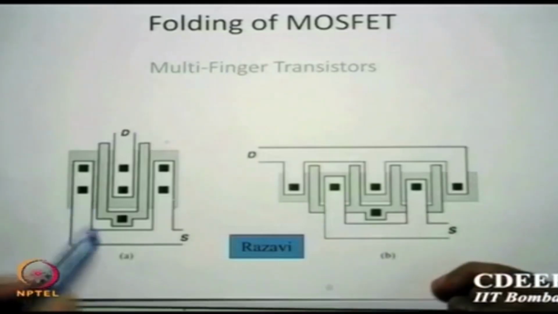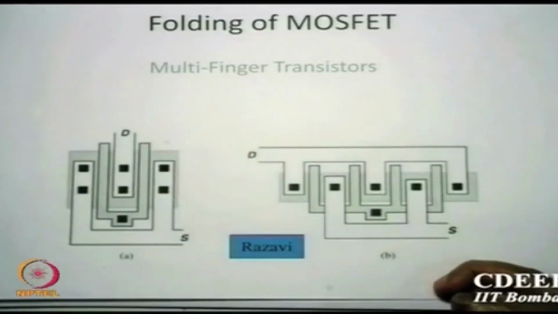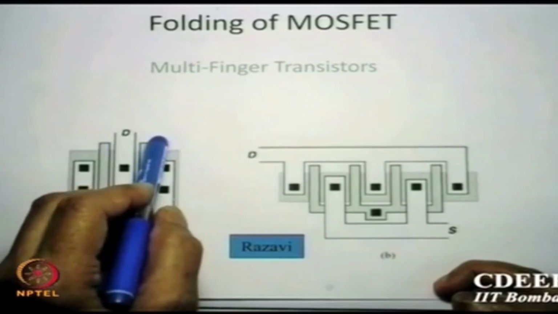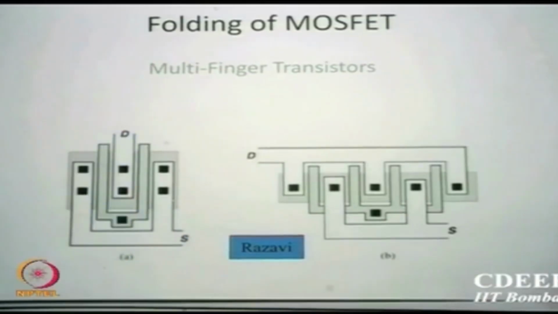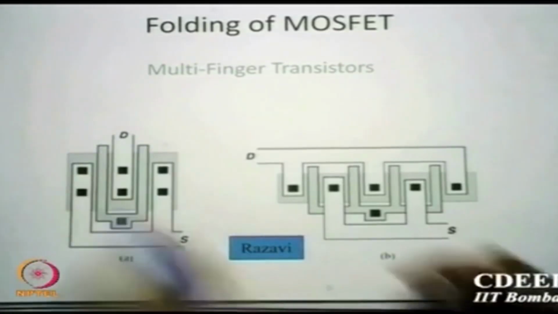Another issue, which I just show with this random connection. One method is, for example, called surrounding. You can see here what I did. There I have two gates, so here also I have two gates, called fingers, with a common point here. And the drain contact is taken in between. This is the drain and this is the source. Is that clear?